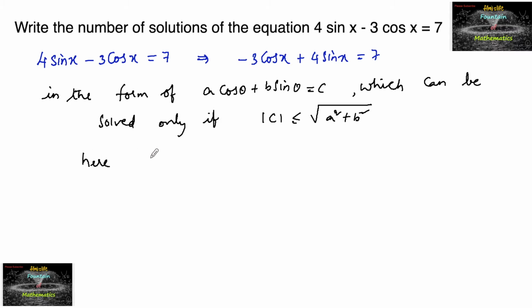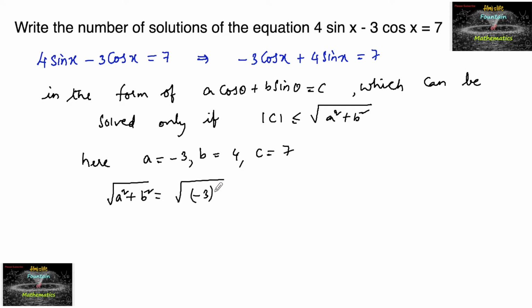But here a is equal to minus 3, b is equal to 4 and c is equal to 7. So root over a square plus b square is equal to root over minus 3 whole square plus 4 square, which is equal to root over 9 plus 16, which is root 25, which is equal to 5.